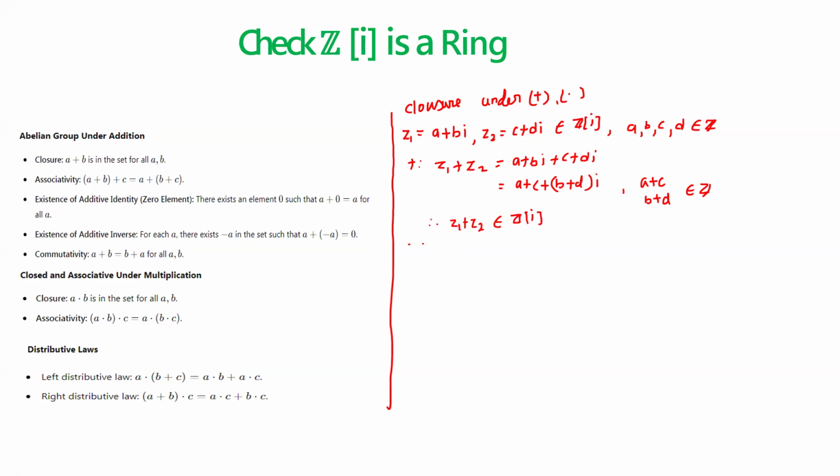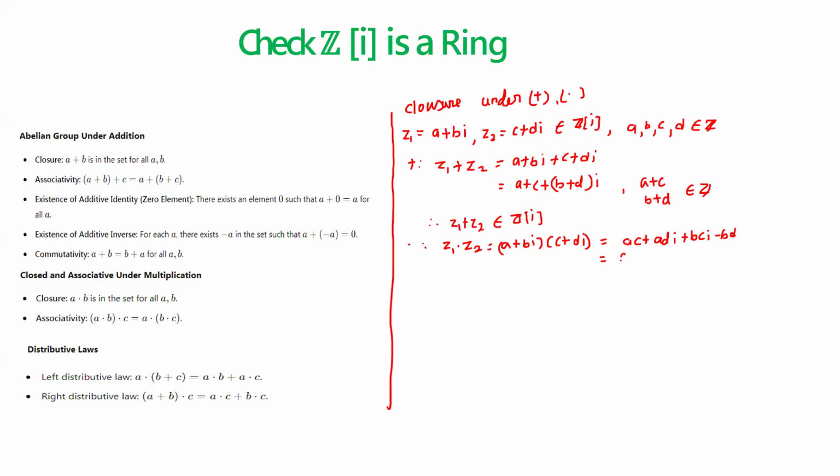Now, we check the closure property under multiplication. That is z1 times z2, which is a plus bi and c plus di. If we multiply these two, we will get ac plus adi plus bci minus bd.